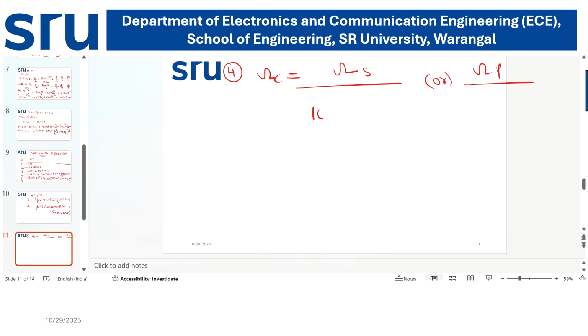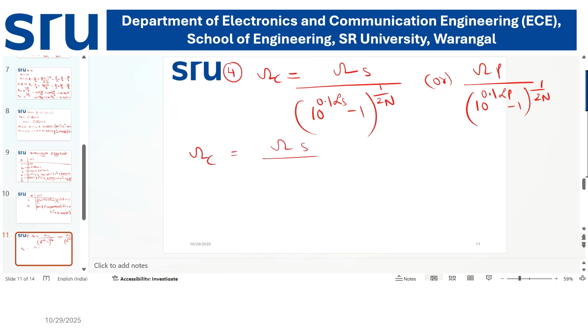If it is the stop band frequency, then 0.1 into the stop band attenuation, whole power 1 by 2n, or if it is the pass band frequency, then we have the pass band attenuation. Or we can find this cutoff frequency in terms of lambda and epsilon also: lambda power 1 by n, or epsilon power 1 by 2n.